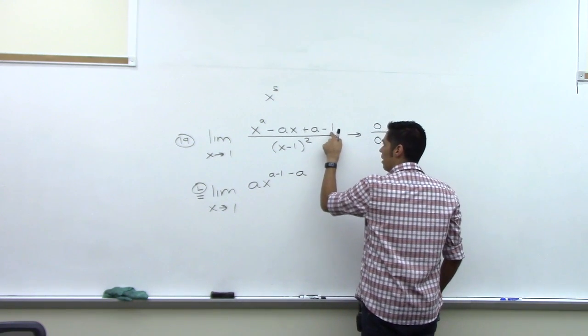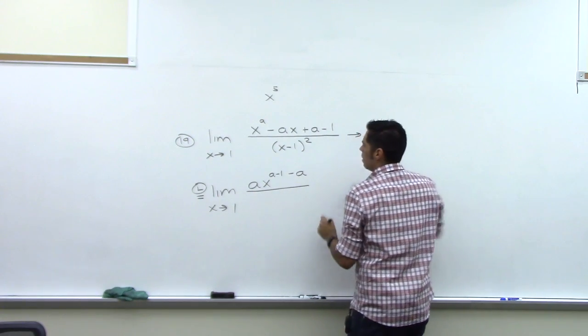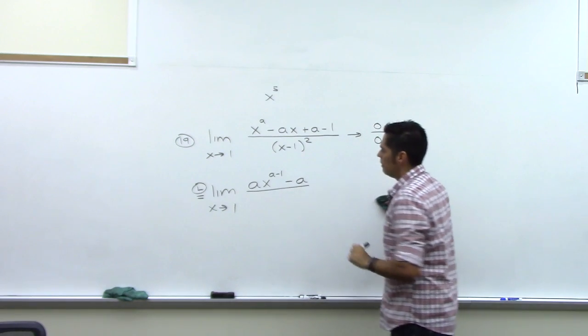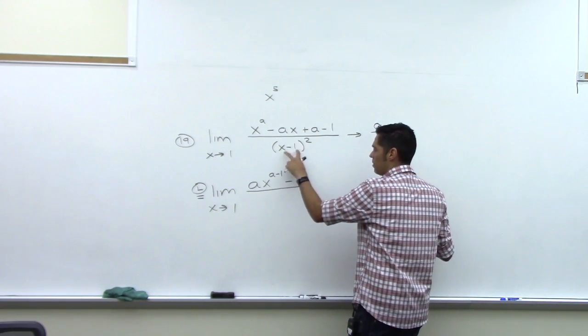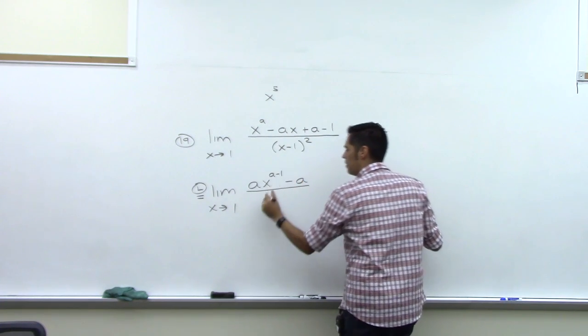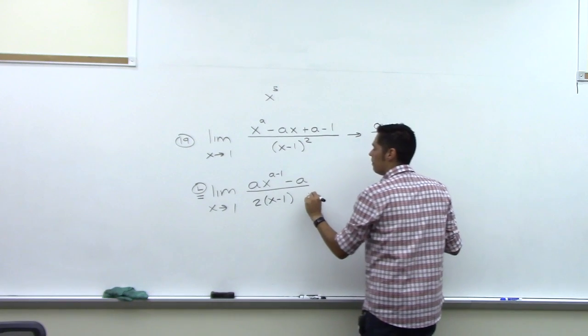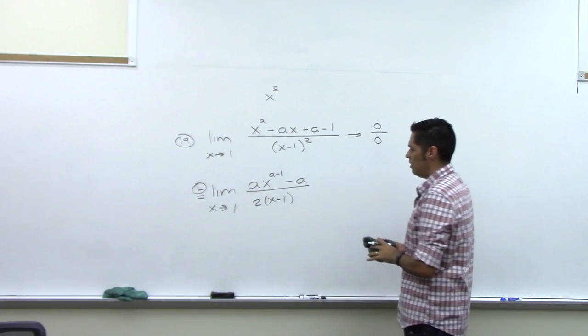That's a constant, so the derivative of both of those is 0. This should be minus a down here. And then the derivative of this is chain rule. We have something squared, so 2 pops out, then x minus 1 to the first power times the derivative of what's inside, which is just a 1. All right, so that's it.